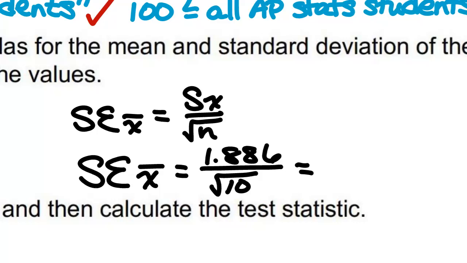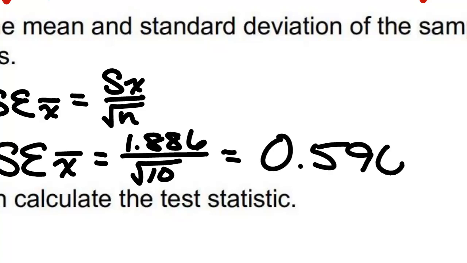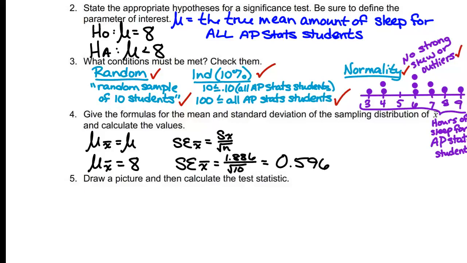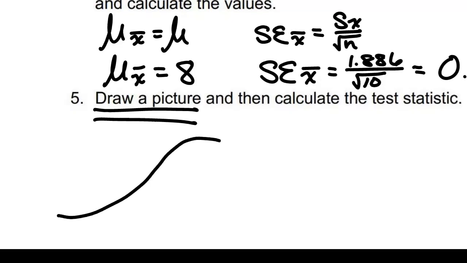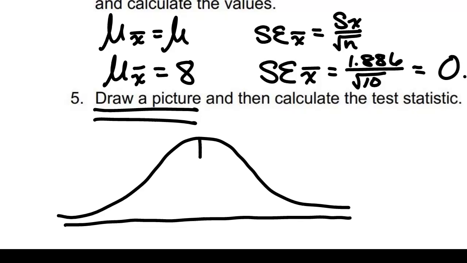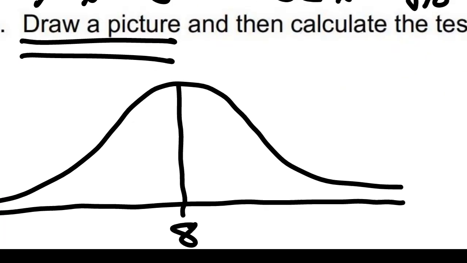What is our standard deviation? 0.596. Draw a picture. What do they mean by draw a picture? Bell curve. Right in the center should go what? 8.